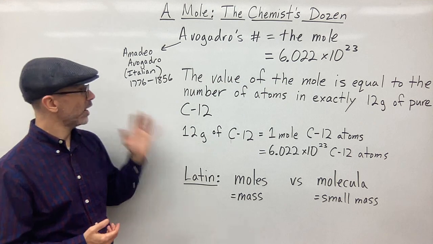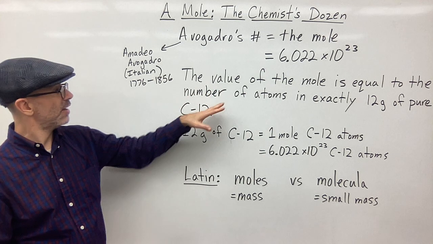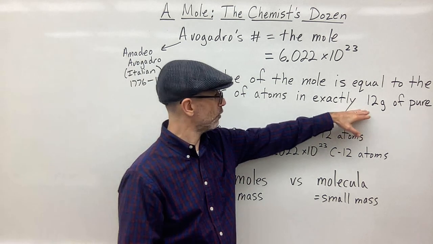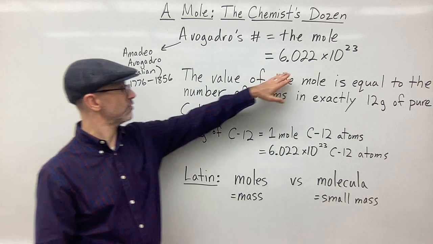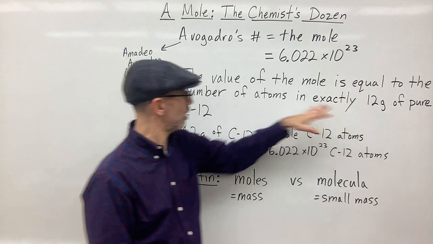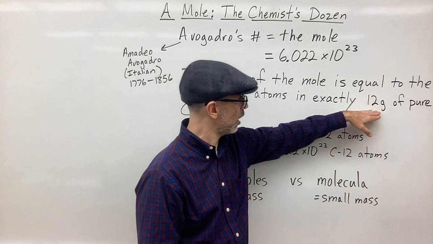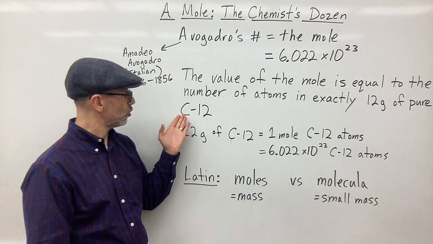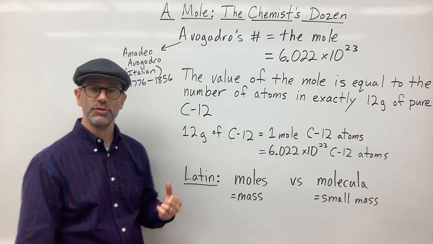Now, where did we get this number? Well, the number is the value that comes from the number of atoms in exactly 12 grams of pure C12. That is what this number is. So C12 is the atom carbon that has a mass number of 12.